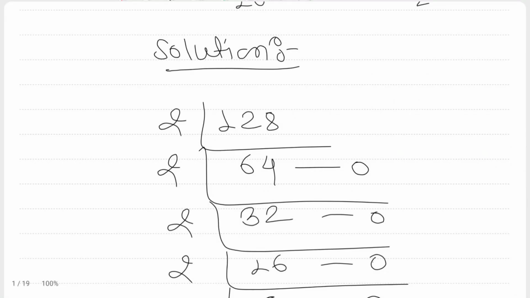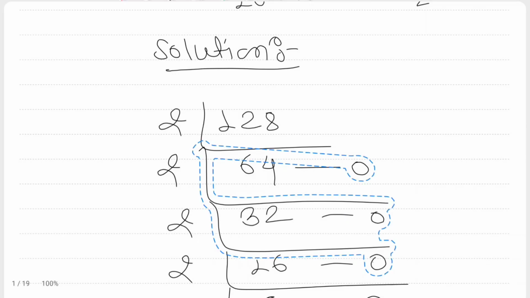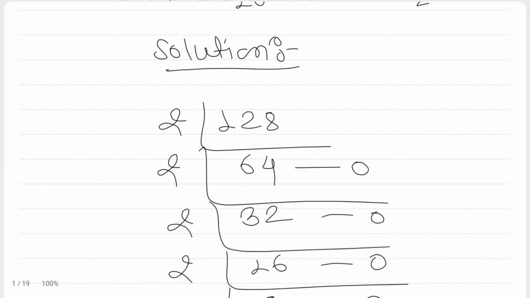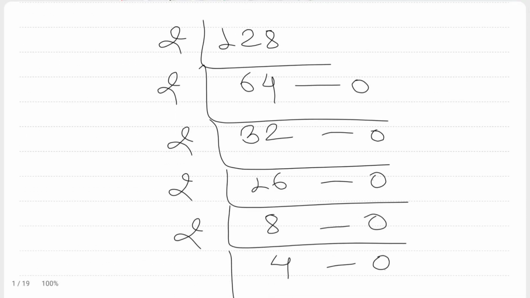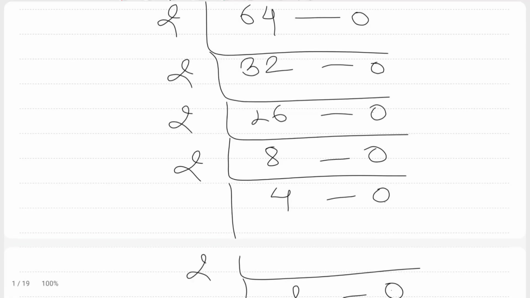So 64 into 2 is 128, so there is a remainder, we put it here. Then 32 into 2 is 64, so there is remainder 0. 16 into 2, there is also remainder 0, so we put it here. 8 into 2 is 16, so there is also remainder 0, so we put it here.